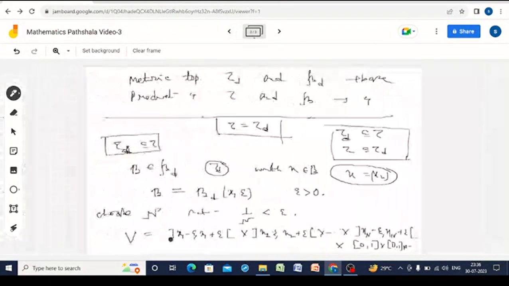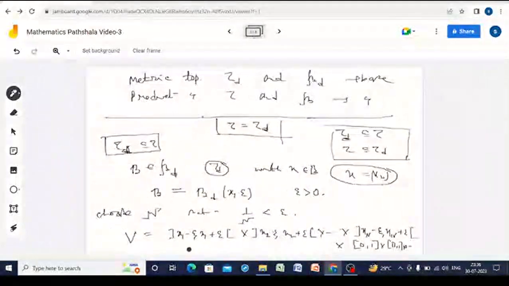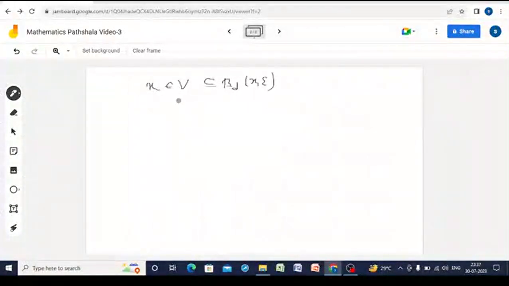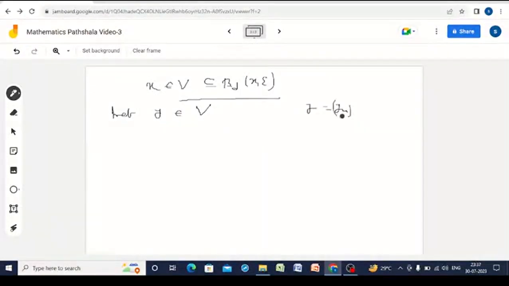So clearly x belongs to V, this is very clear because this x equal to xn, and x1 is here, x2 is here for these coordinates, and after the nth coordinate the 0 1 will be in the product. So clearly x belongs to V, and we now show that V is a subset of bd x epsilon. For this, let us take a y belongs to V. So this y equal to our sequence yn.